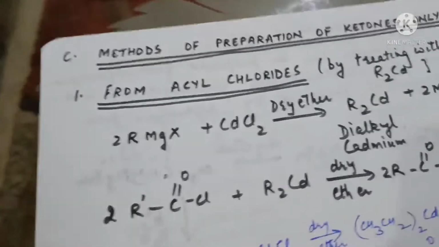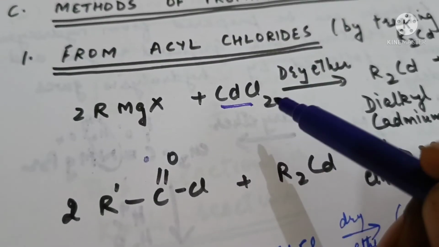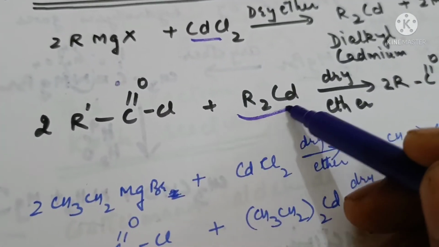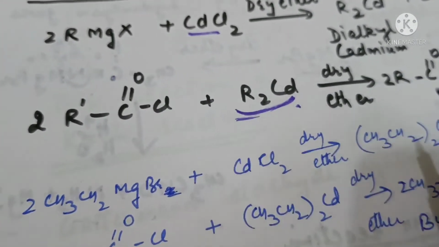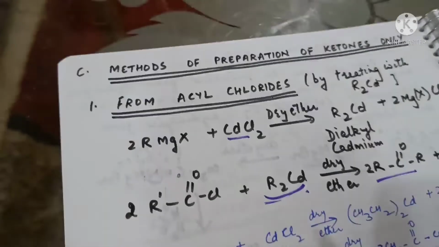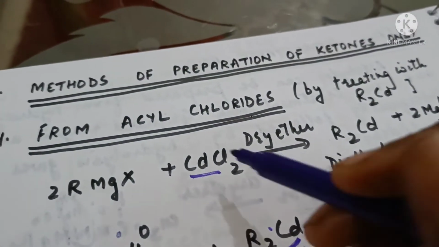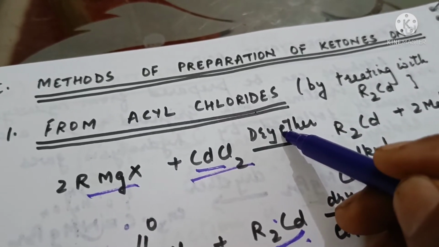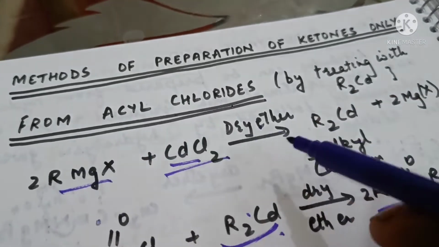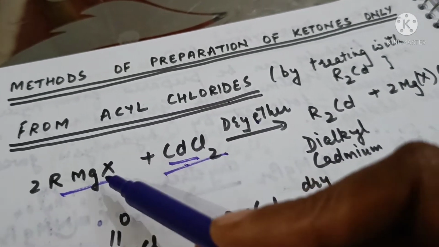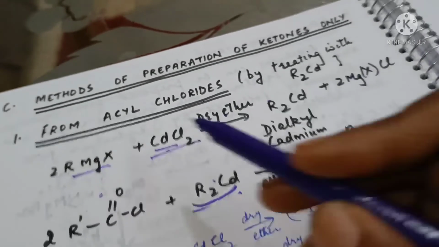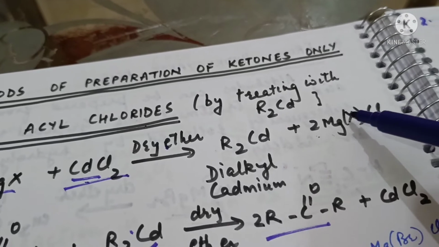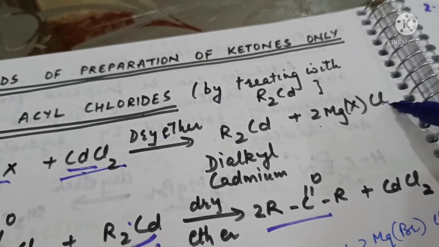Methods of preparation of ketones only. We react acyl chlorides with dialkyl cadmium to form a ketone. Now the dialkyl cadmium is formed by reacting Grignard reagent with cadmium chloride in presence of dry ether. So the two alkyl groups get attached with cadmium, whereas the two Cl go to the two MgX portions to form magnesium halide chloride.